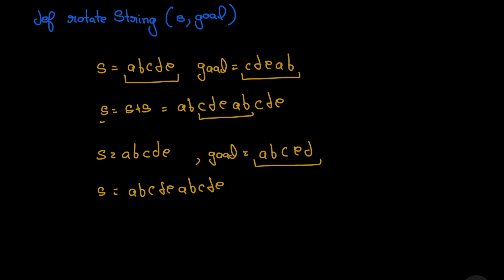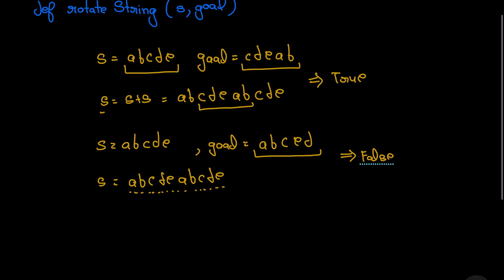Now try to look for A, B, C, E, D in this one. Do you find it anywhere? If you look in this entire doubled string, you will not find A, B, C, E, D. Since you cannot find it, here the result would be false, and in the previous example the result would be true.